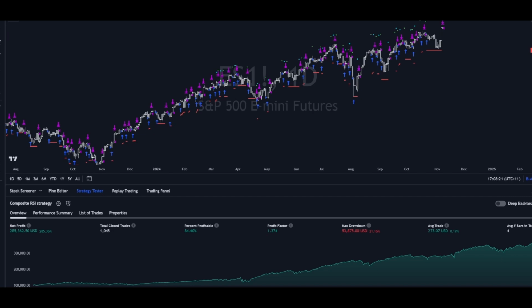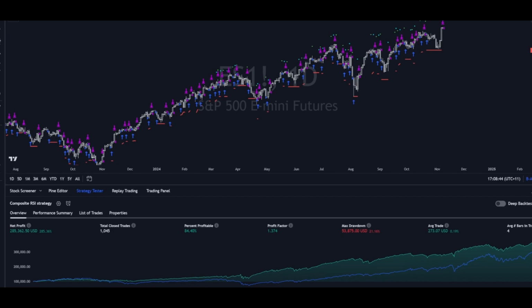The profit factor at 1.3 is not too bad, and the drawdown at only 21% is quite good. The average trade's a little bit low at $273, but it is a shorter term system with the average time in trade only 4 trading days. You can see here that it has comfortably held above the buy and hold benchmark for the life of the dataset.